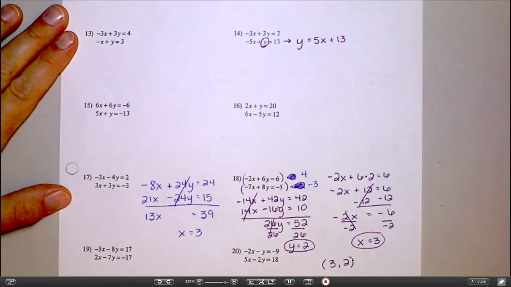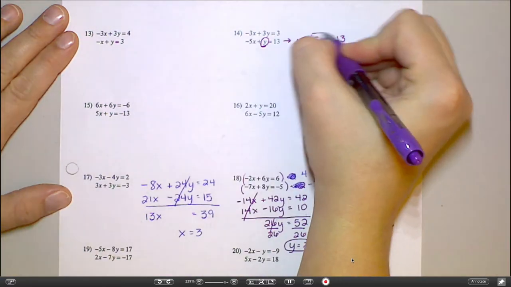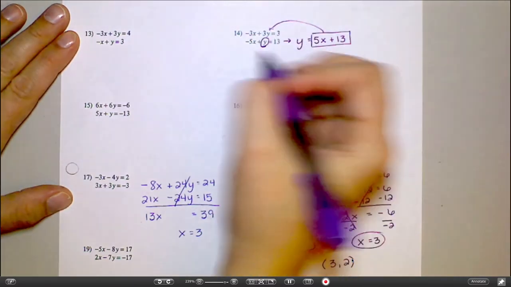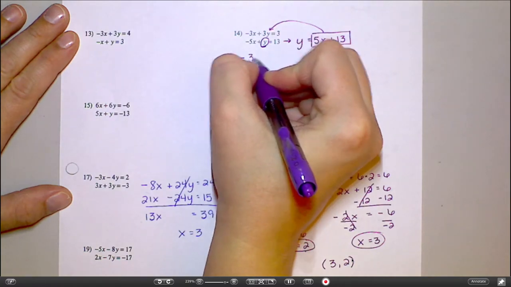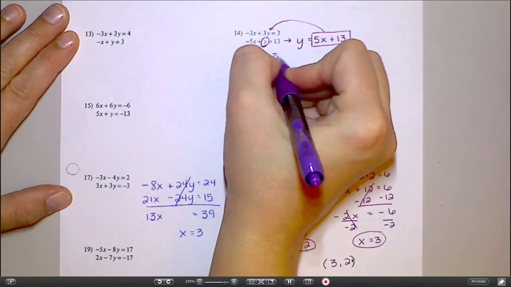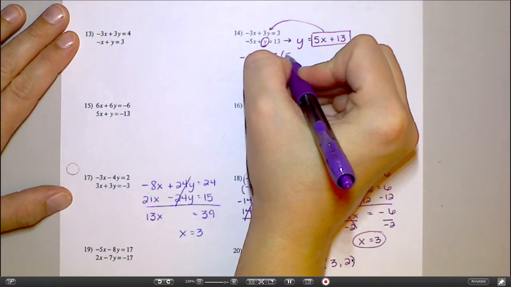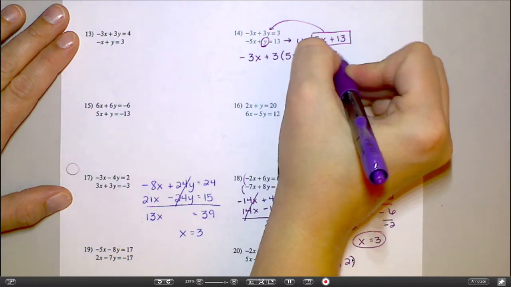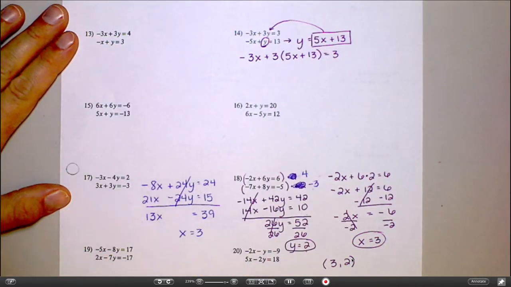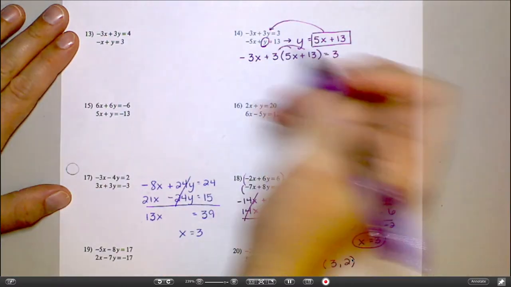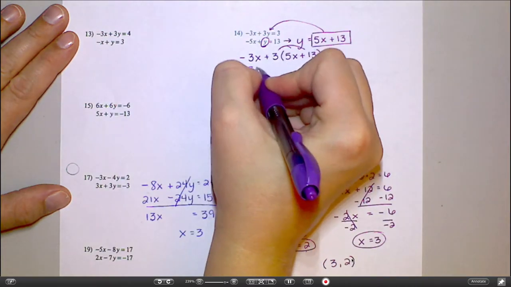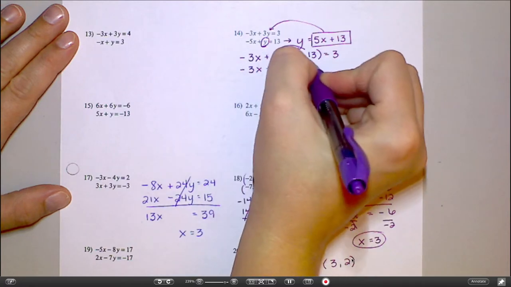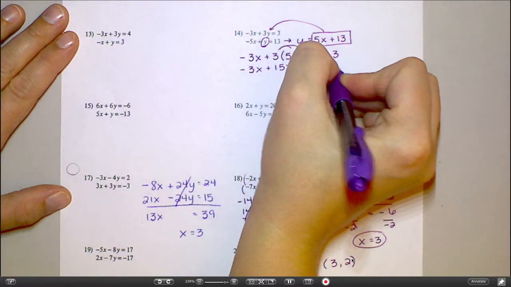Okay? And then I would take that y, which is 5x plus 13, plug it in for y up here. So that's going to give me negative 3x plus 3, and then in parentheses, 5x plus 13 for y equals 3. Distribute the 3. So negative 3x plus 15x plus 39 equals 3.